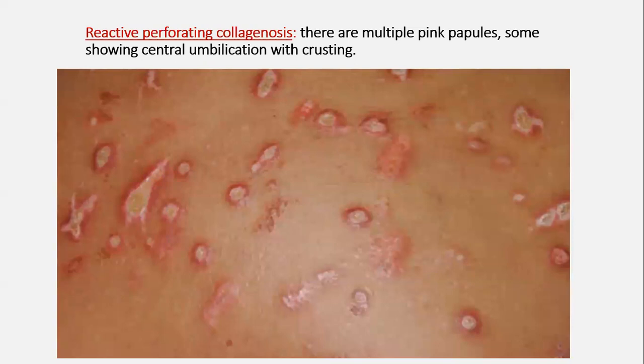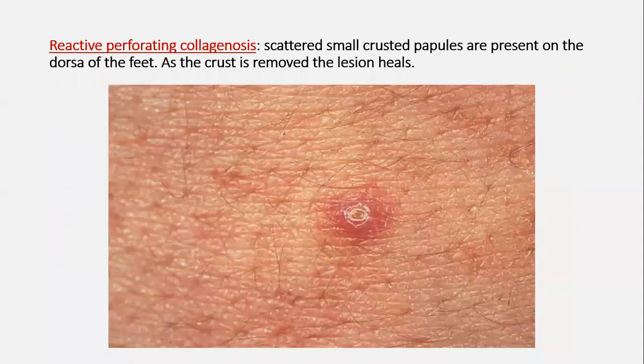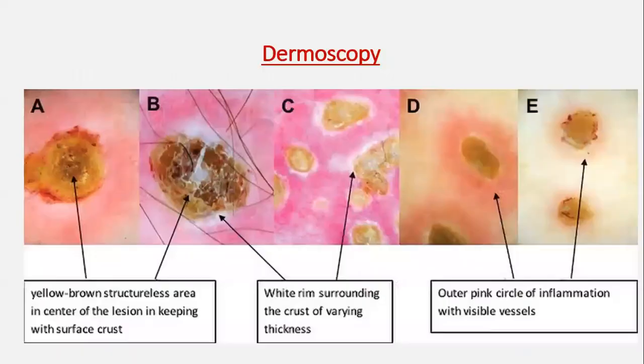In the picture you can see multiple pink papules, some showing central umbilication with crust. Small scattered crusted papules are present on the dorsa of the feet. As the crust is removed, the lesion heals.